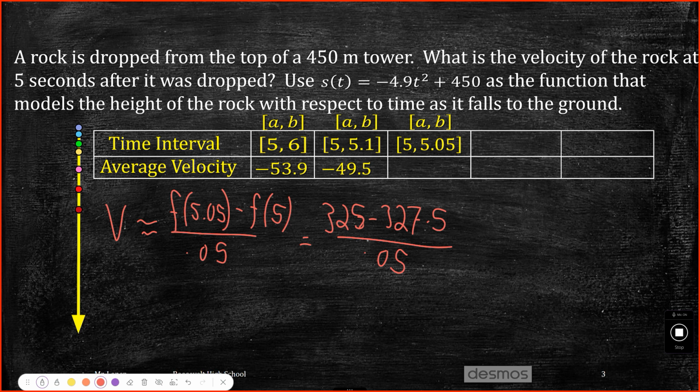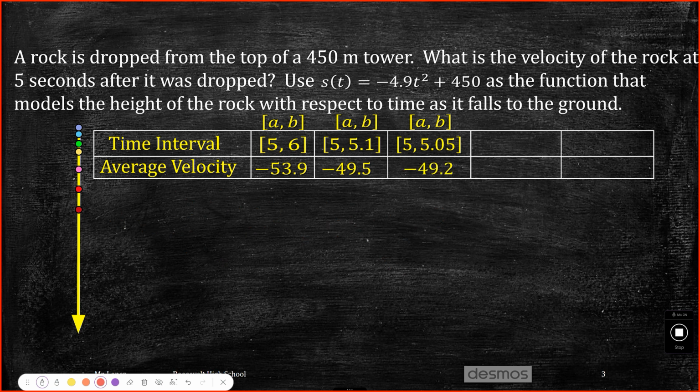What are you getting? Yeah, negative. Well, look. The rounding needs to probably get us to the thousandths place.